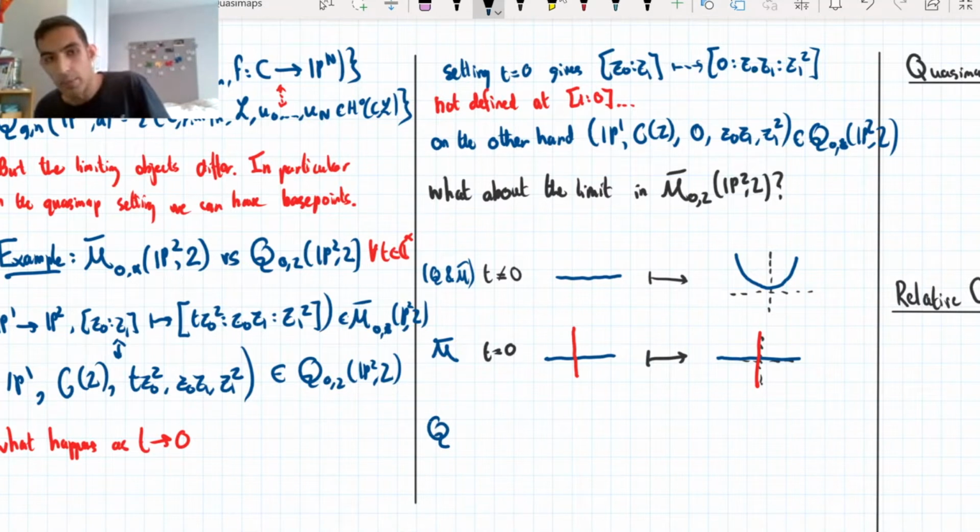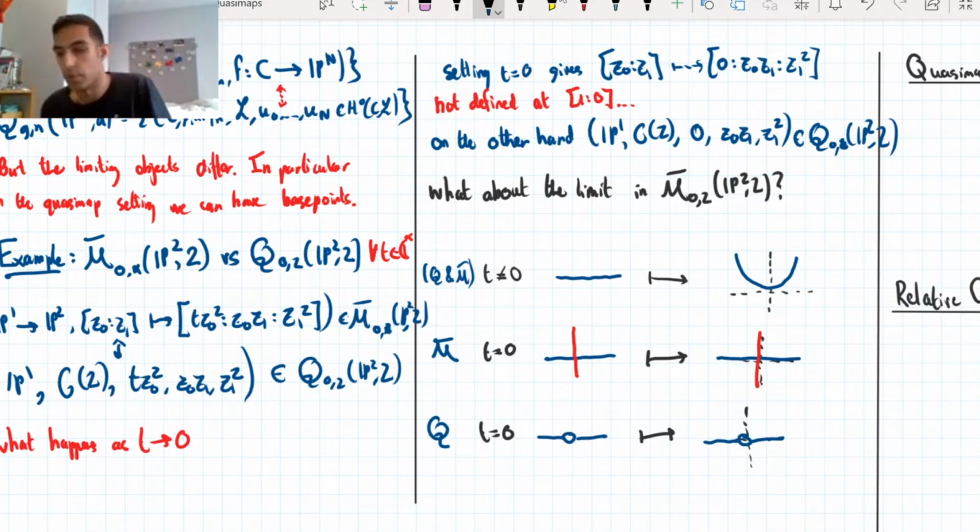And as we saw in the Quasimap limit, you have this map from a smooth curve to P2, but there's some base point which I've drawn with a white circle. Just to summarize so far, I gave you a bunch of different ways to think about curves in projective space.